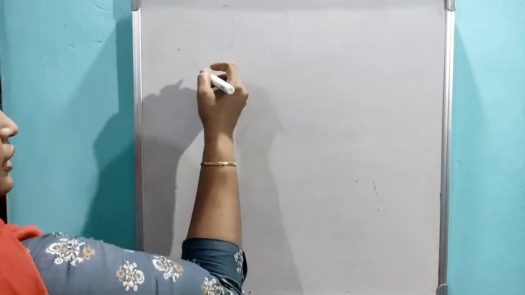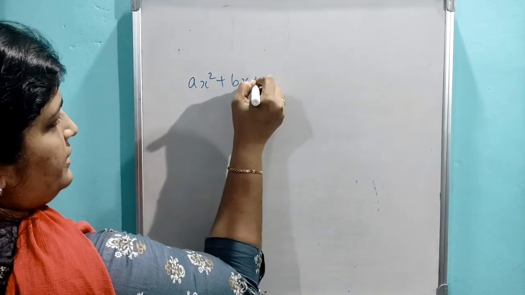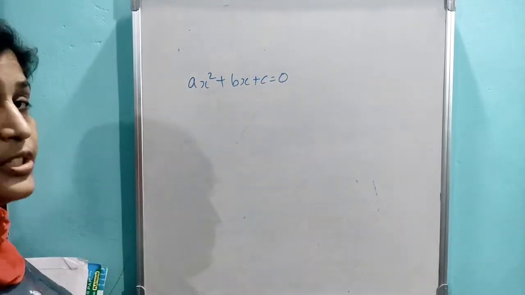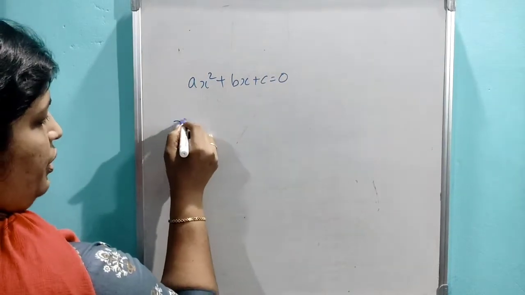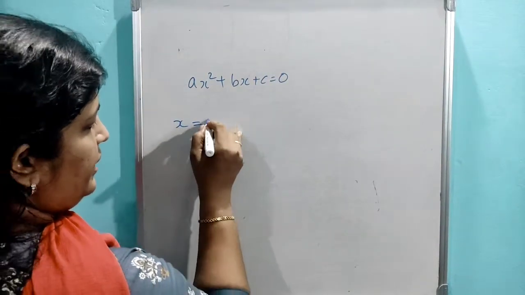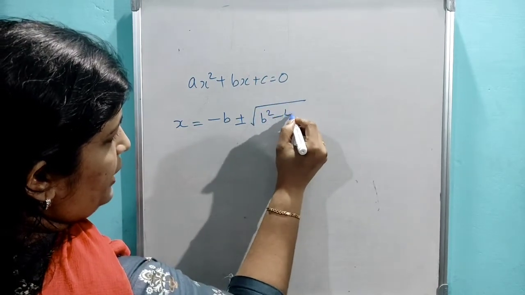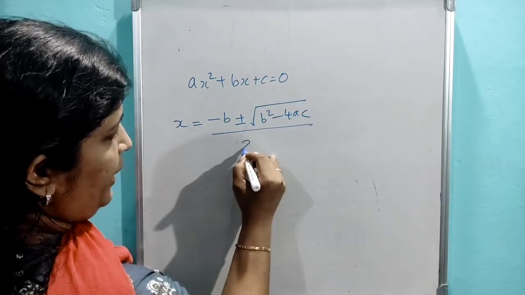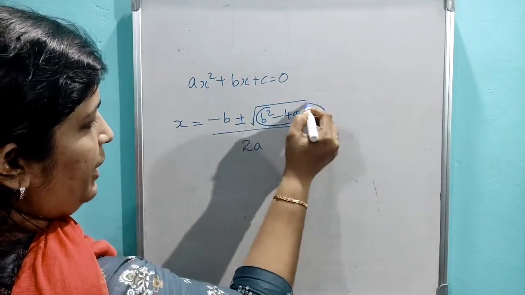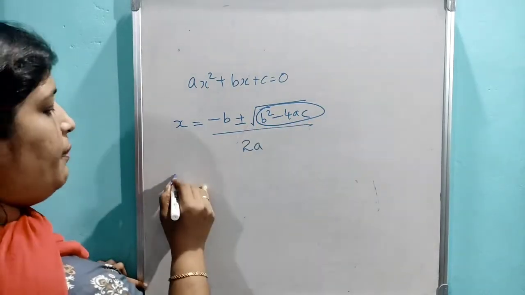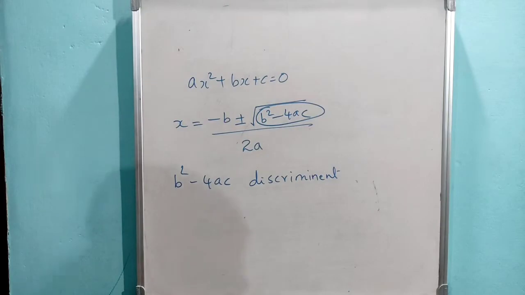In the equation ax square plus bx plus c is equal to 0, which is a general second degree equation, the solution is minus b plus or minus root b square minus 4ac by 2a. Here this b square minus 4ac is called the discriminant.